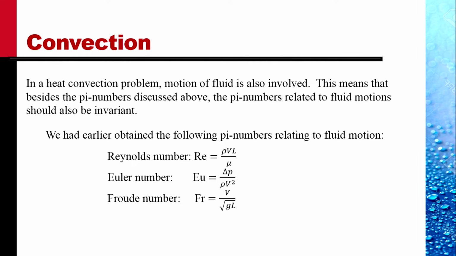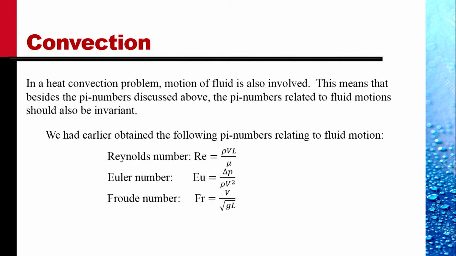We spent considerable time on these: Reynolds number Re, Euler number Eu, and the Froude number Fr. We had discussed that in problems where there are no free surfaces and where there is no cavitation involved, the Euler number and Froude number can be dropped and only Reynolds number matters.